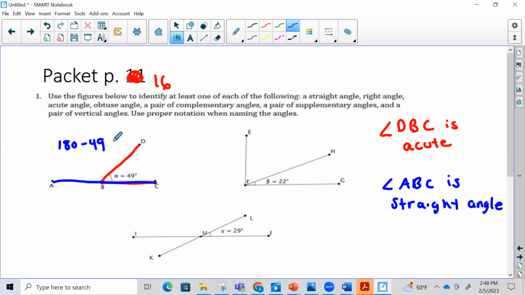And that would give me the measure of that other angle ABD.